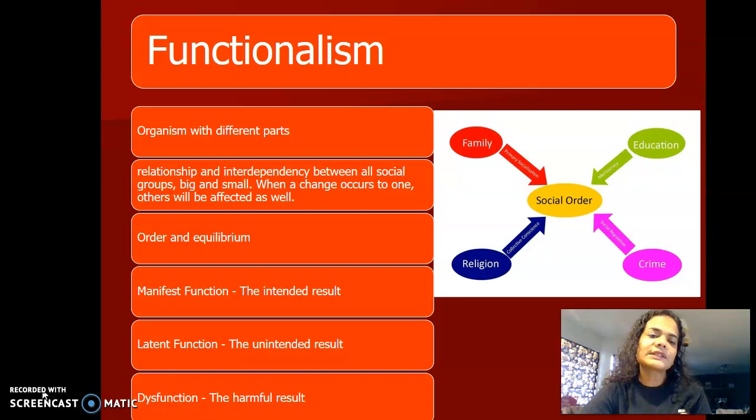In functionalism, each institution has manifest functions, which are the obvious functions of an institution, but also a set of latent functions. When you think of the institution of education, for instance, the manifest function of schools is to teach you content.